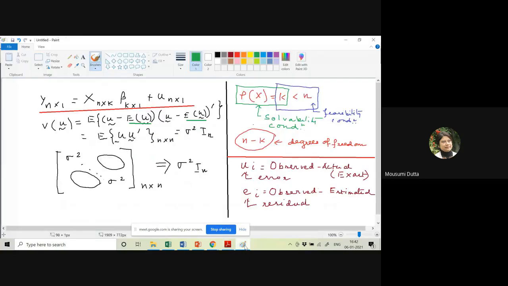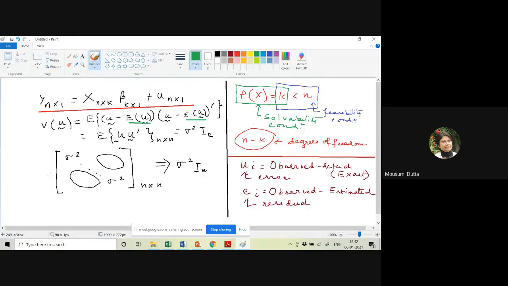In other words, we will get this kind of structure. In the diagonal, we will get sigma square, and in the off diagonal, we will get all zero values.